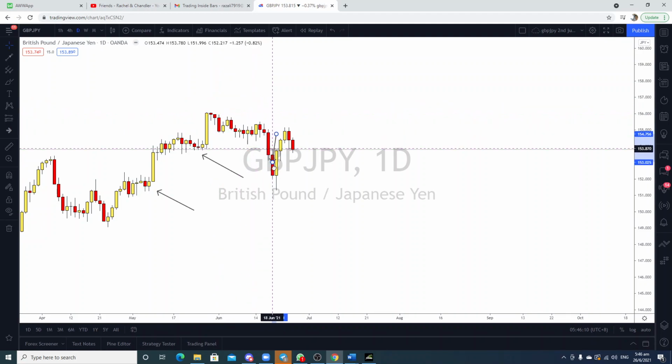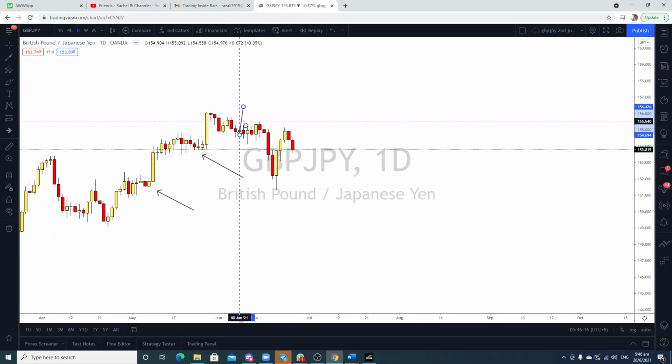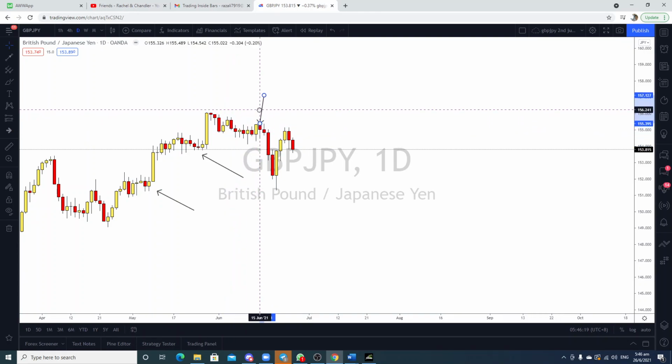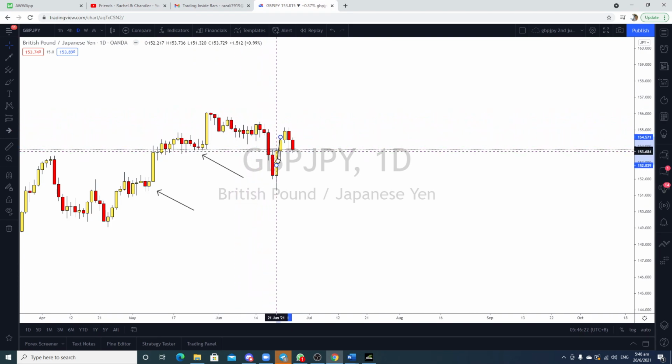But eventually price does break this demand, which tells us the flow that it wants to go in the future. And then this is the lower high again, which is lower than this high, and this is where price makes a drop to a new lower low here.